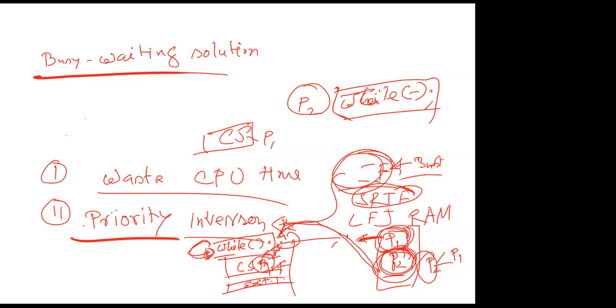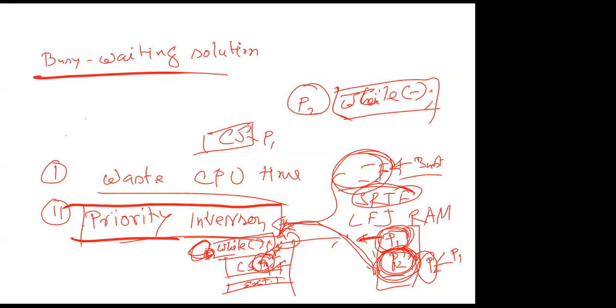If it is a priority-based algorithm, this is known as the priority inversion problem. One lower priority process is inside this critical section, and another higher priority process comes to the RAM, and your operating system always tries to schedule the higher priority process P2, and it will always execute this while loop because it cannot enter the critical section, since one process is already inside it. That problem is called the priority inversion problem. Eventually, no process can complete its execution.